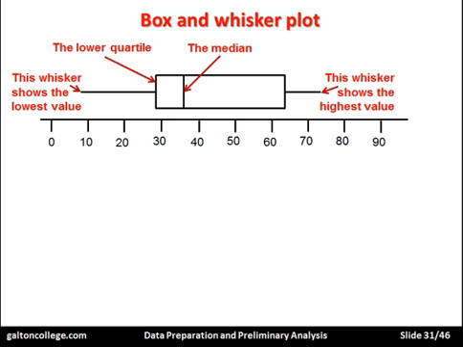We also have what's known as the lower quartile. The lower quartile means everything below it represents 25% of the observations. So 25% of the observations are below the lower quartile.